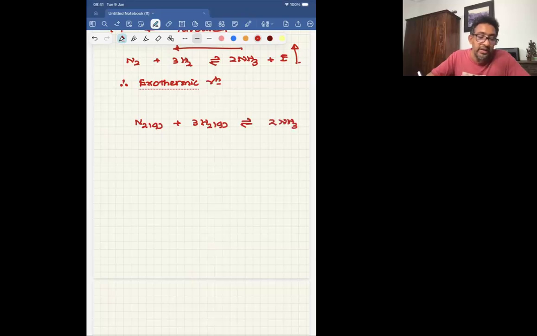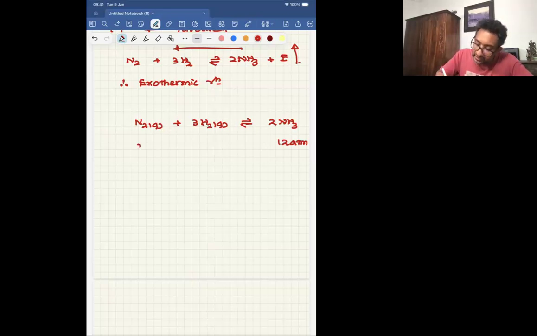Partial pressure of ammonia is 12 atm, and the total pressure is 50. 50 minus 12 is 38.